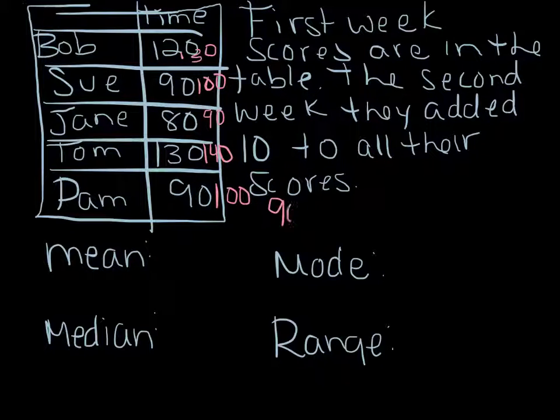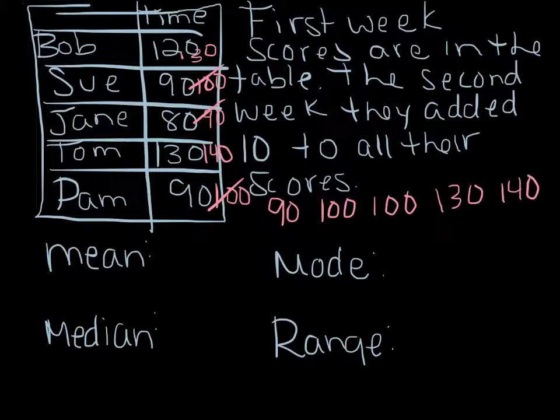So I have 90, 100, 100, 130, and 140. So right away I can see that the one that occurs the most is 100, so that's my mode. My middle of my data is 100, so that's my median.